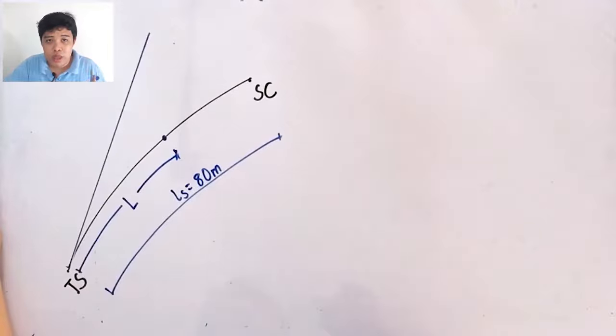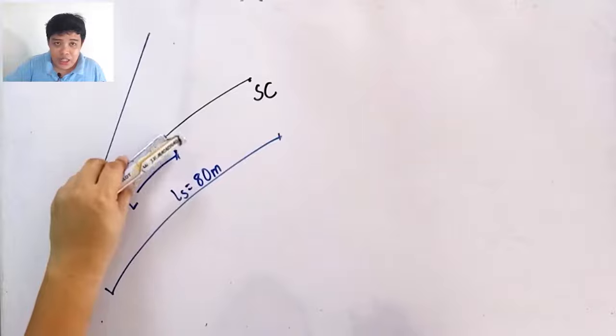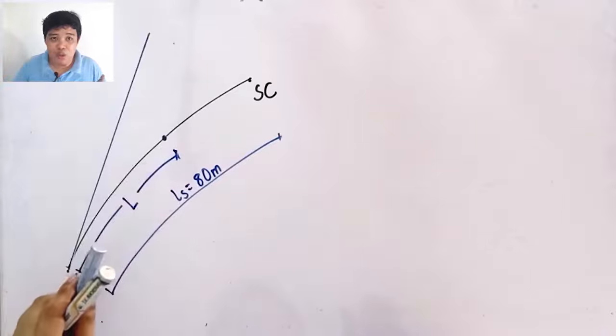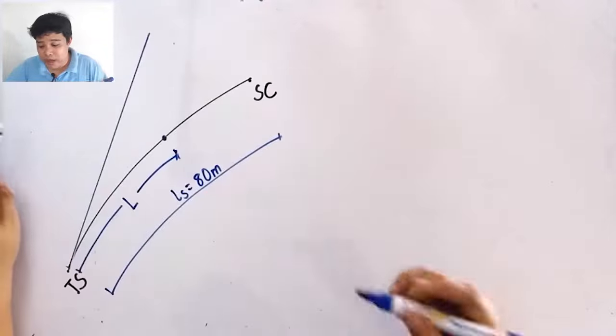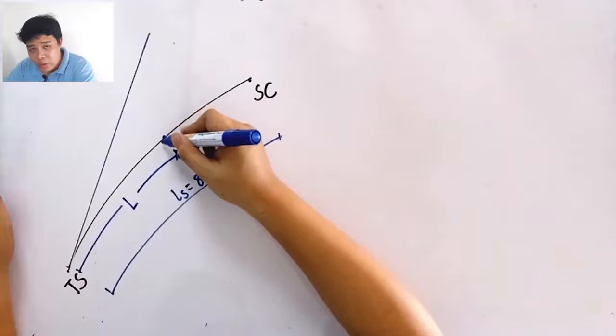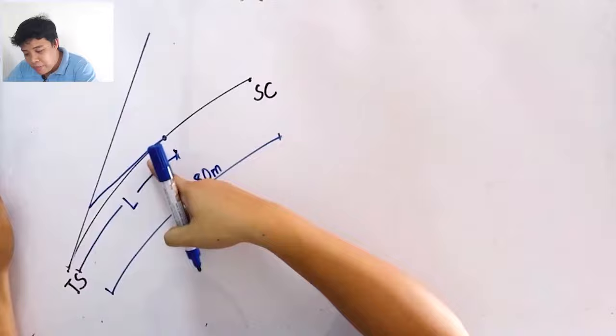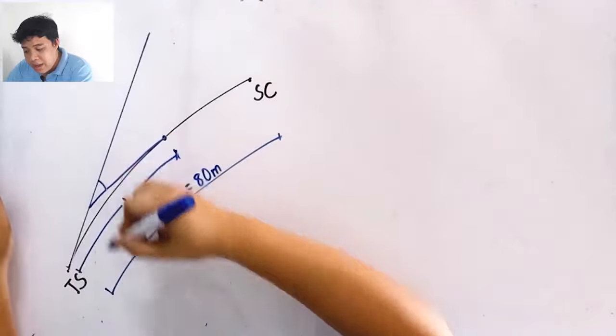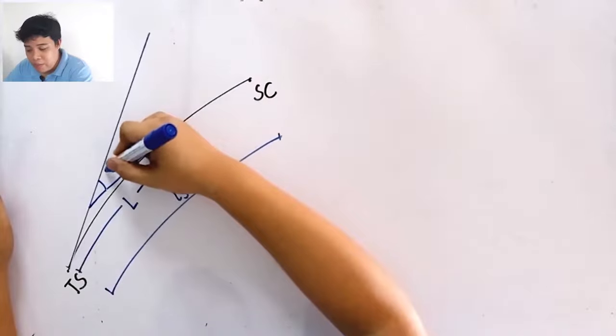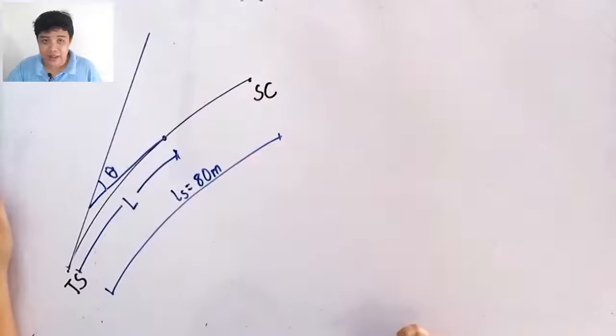When you say spiral angle, that is the angle formed by the tangent at this point and the tangent drawn at TS. So what do I mean? At this point, I'm going to draw a tangent line like this. The angle formed by this tangent line and the tangent at TS will be our spiral angle, theta.